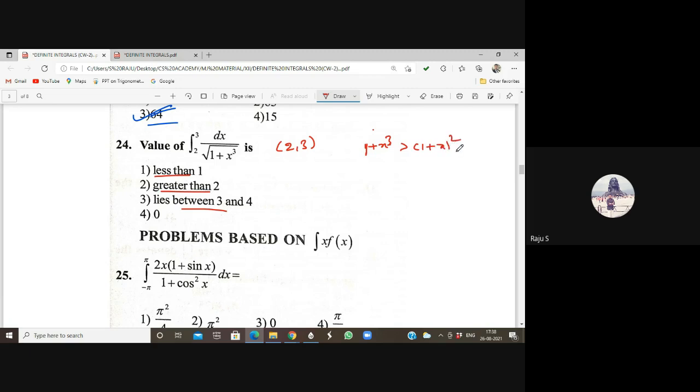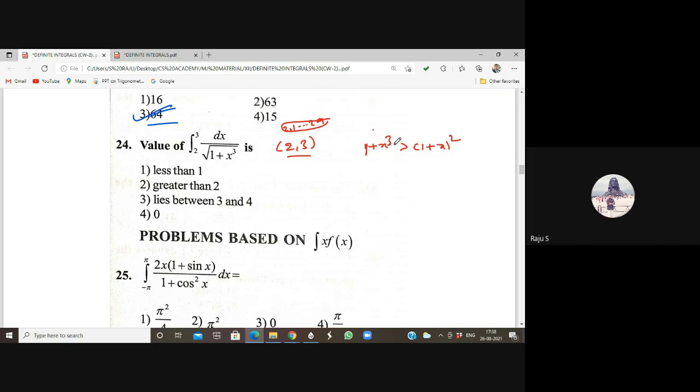Take any value from 2.1 to 2.9, treating 2 to 3 as an open interval. Here from 2 to 3, 1 plus x cube is greater than; take 2.1, 2.2, substitute, and if you have any doubts you can verify that it is greater.